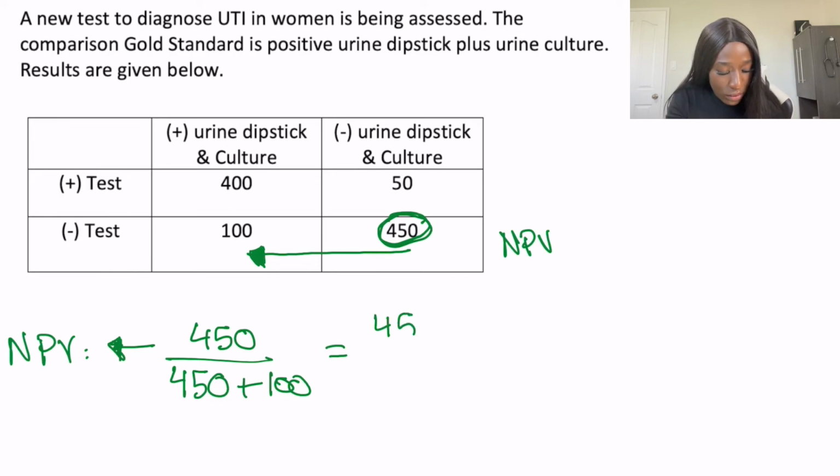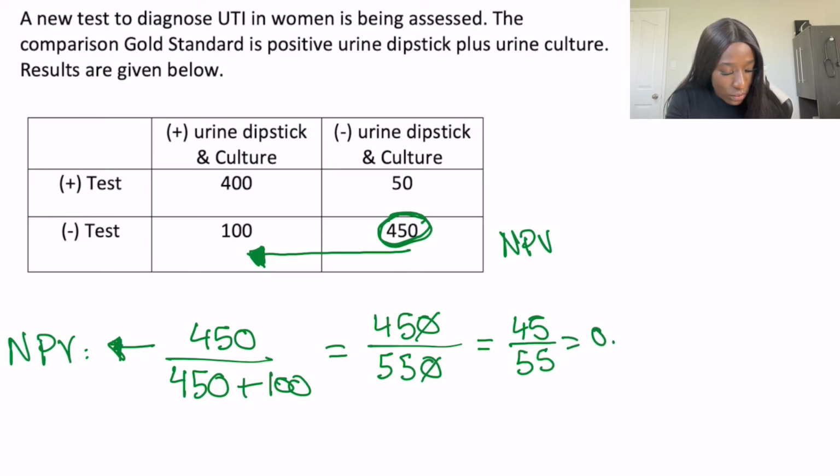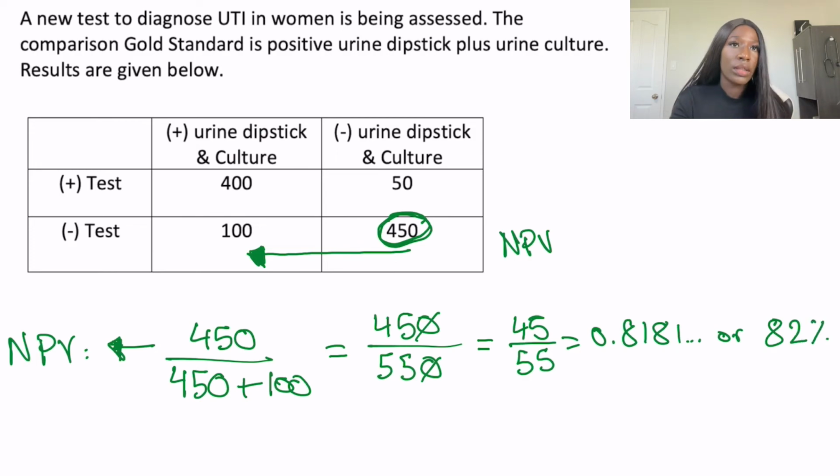Okay, so 450, now we solve. This is 550, cross is 45 divided by 55, 0.8181, I think that's what it is. So if we round up, this is 82%. And that is it. We have everything done.